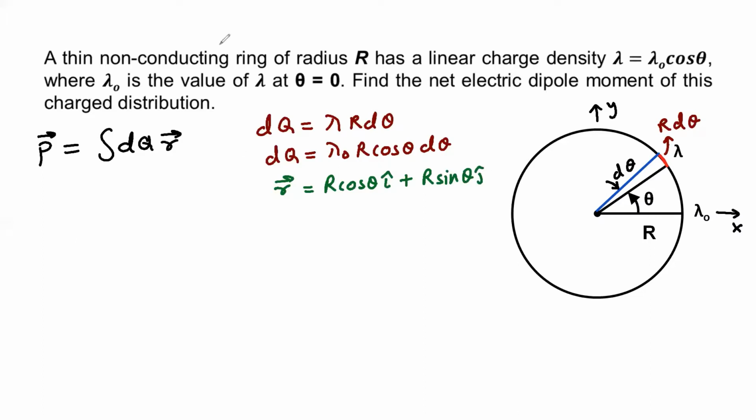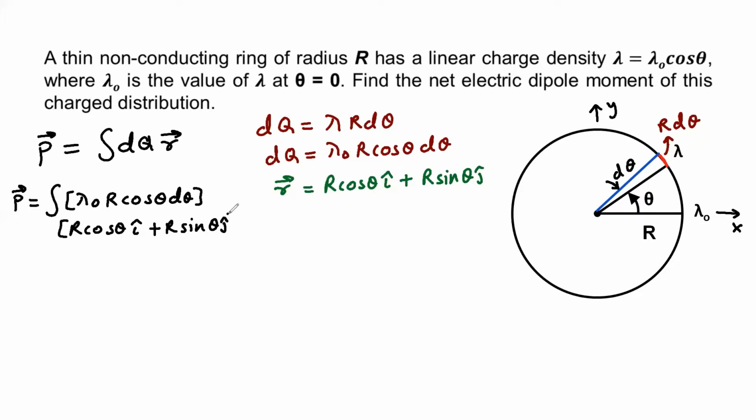Now plug in the values. What do you get? P vector is equal to integral lambda naught r cos theta d theta multiplied by r cos theta i cap plus r sin theta j cap.